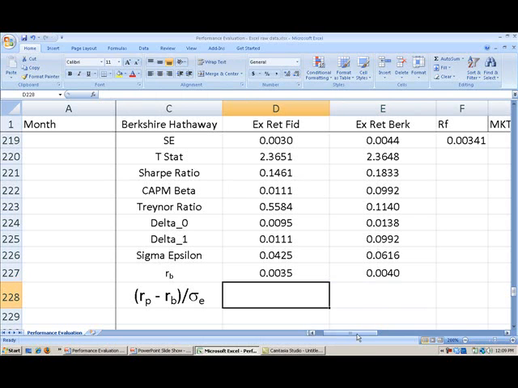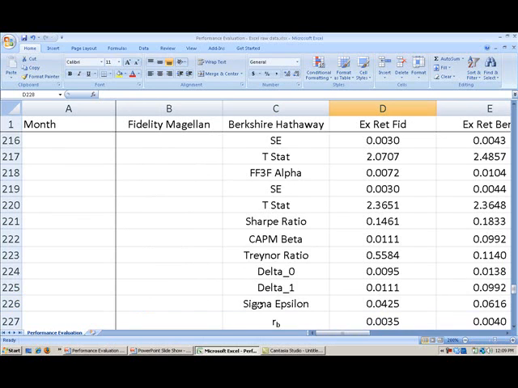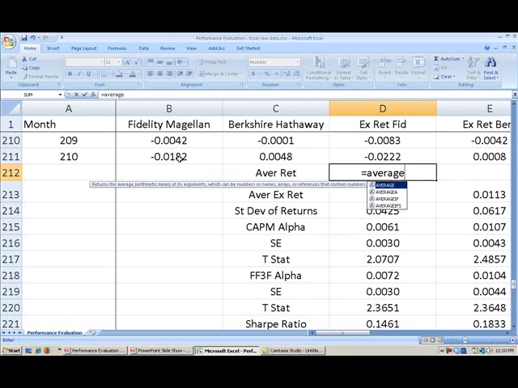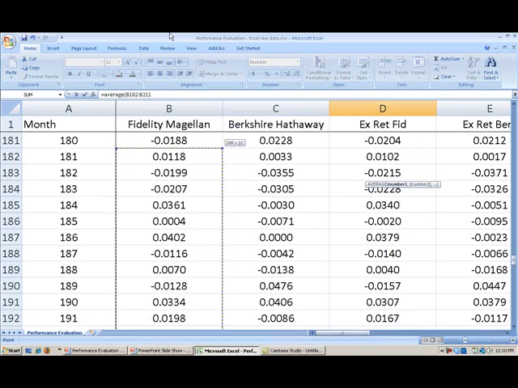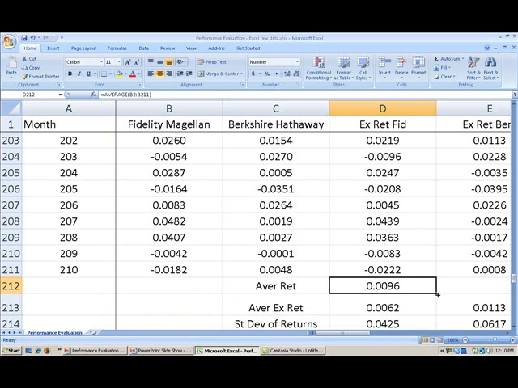We're almost ready to calculate the information ratio now, but we haven't calculated the average returns on Fidelity or on Berkshire. The average returns are going to be equal to average for Fidelity, and we can copy that formula across for Berkshire.